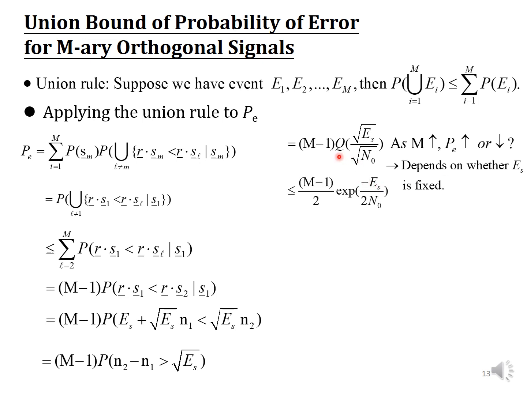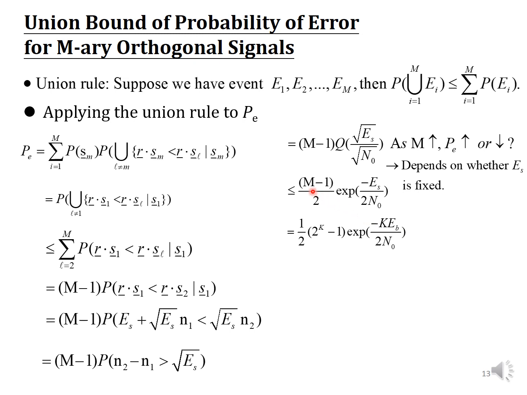Okay, and also, by the Chernoff bound, now recall the Chernoff bound. This Q function is less than or equal to this Chernoff bound, the exponential over 2, according to the Chernoff bound. Now we can re-express this upper bound, the union bound of the error.